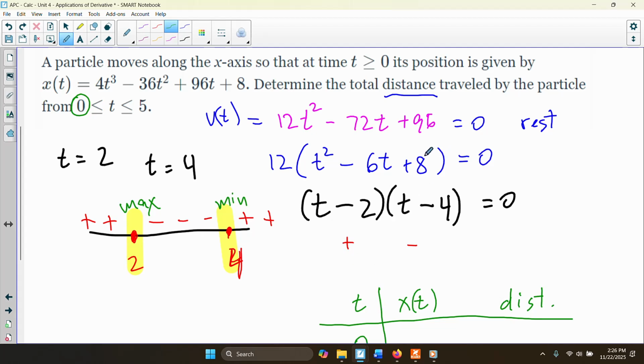If this is my velocity function, I might erase all this just for space. Actually, I don't need my velocity function anymore. All I care about is where I was. I needed my velocity function to know when I turned around.